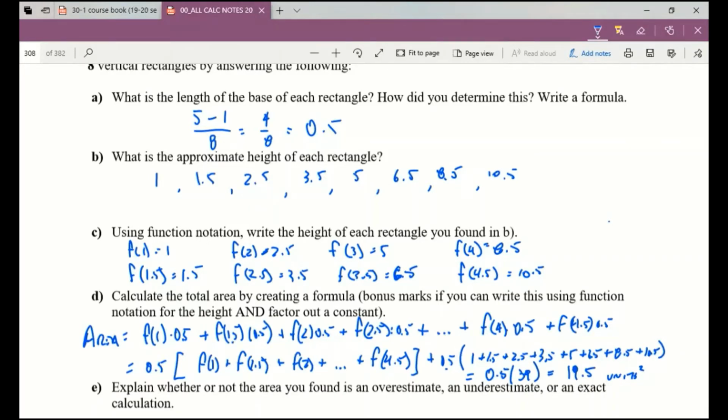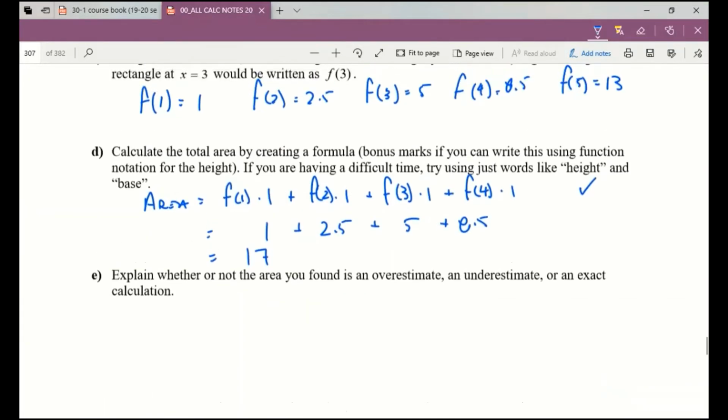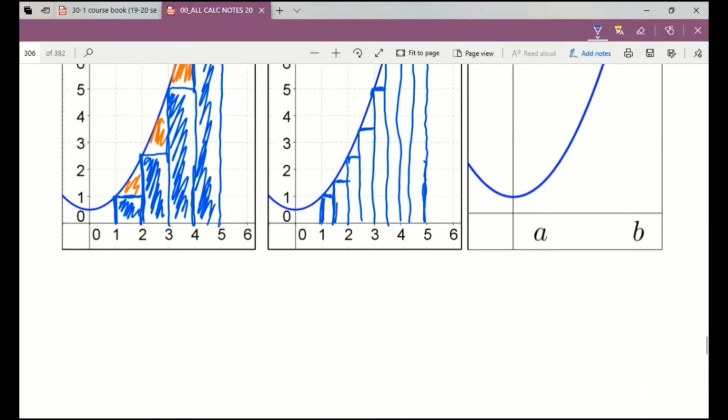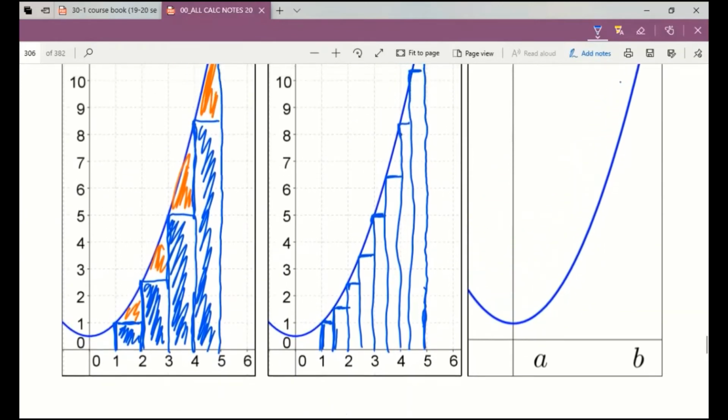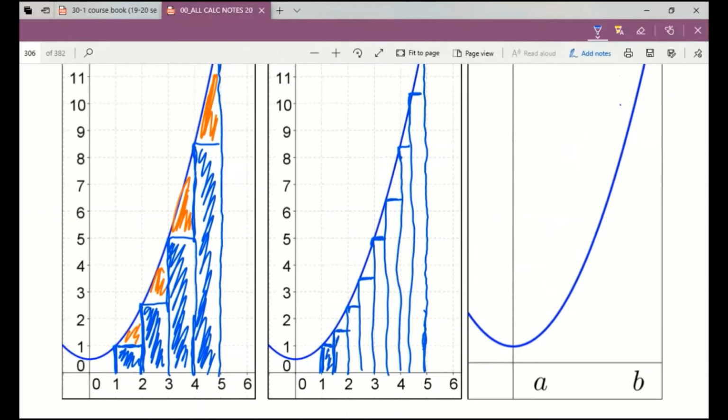Now we get 19.5, and if we look at what the graph looks like, we still have an underestimate. So now we have this area of 19.5 if we shade in all of these rectangles. Still an underestimate, however, because we're still not counting these pieces, albeit smaller pieces, and there are more of them, but they are small. So we can see that this ends up being an underestimate still.